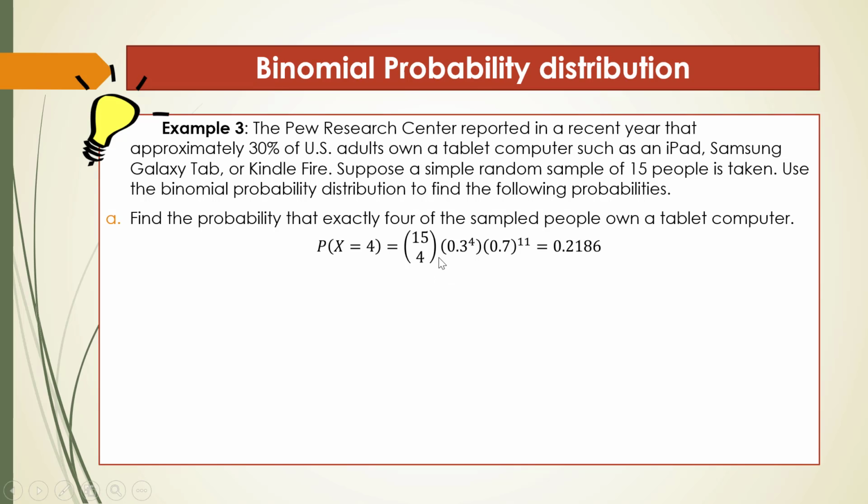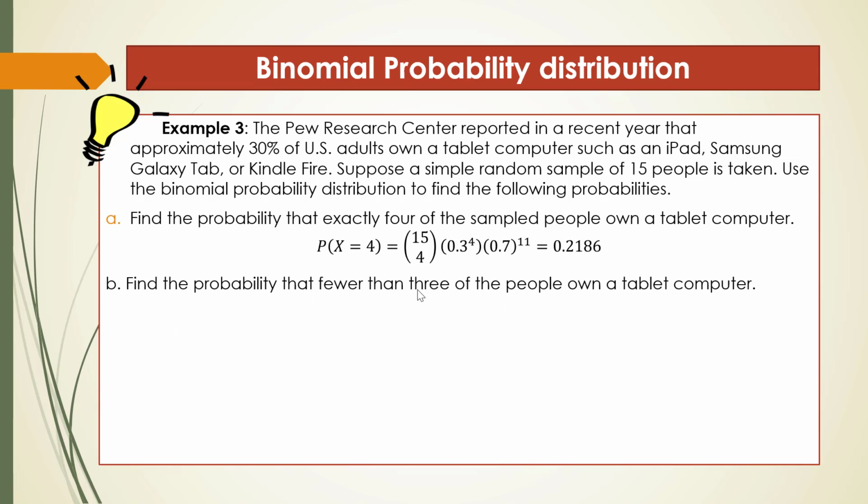We either can use a calculator to find the combination 15 choose 4 using the formula, or we also can use the syntax on the calculator. On any calculator, we do have a syntax to calculate combinations, and it should be like nCr on your calculator. So the answer for the first part is 0.2186.